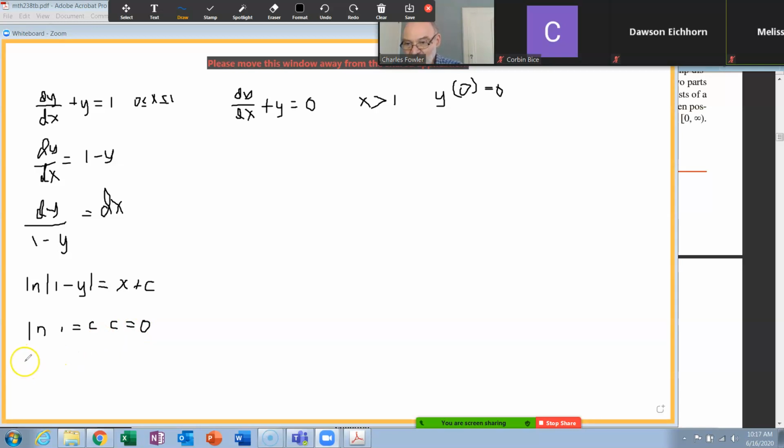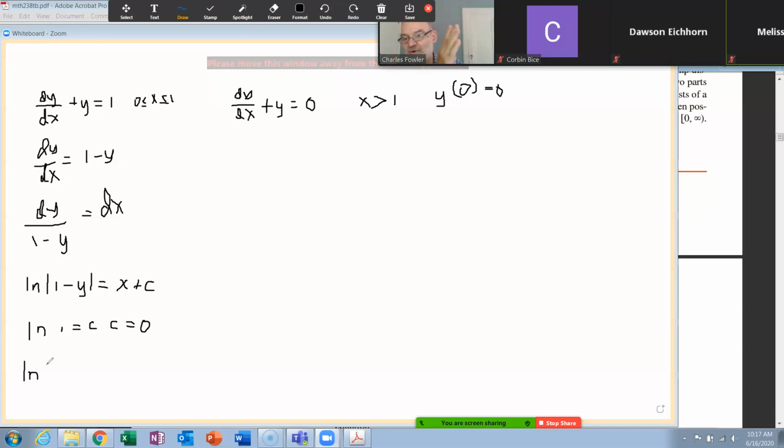Here's what we have so far: log of, and I'm going to lose the absolute value bars, and here's why. Your x's are always positive, okay? And if x's are always positive, let's just take a look at this.